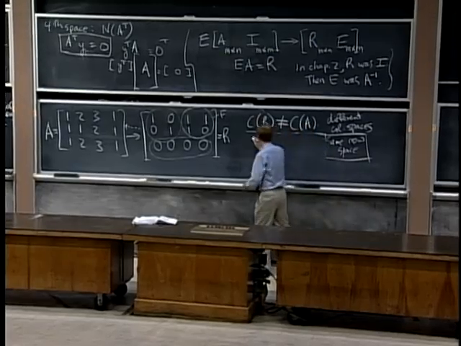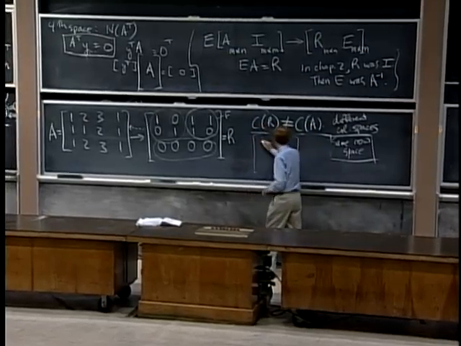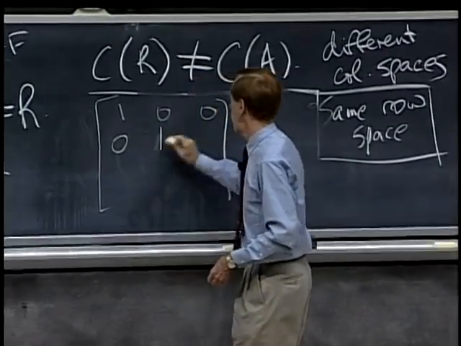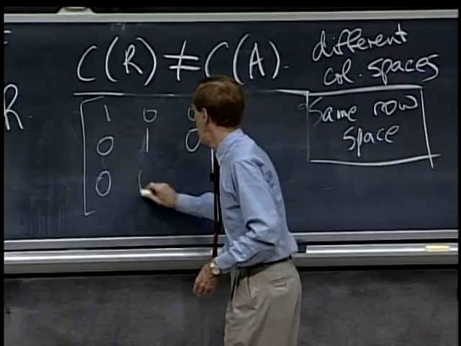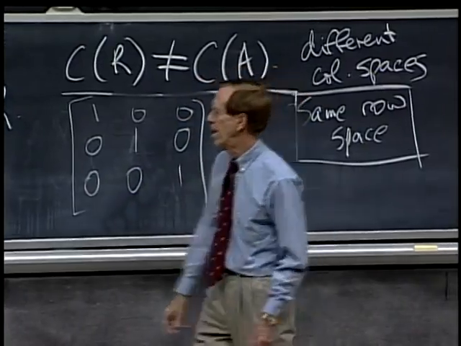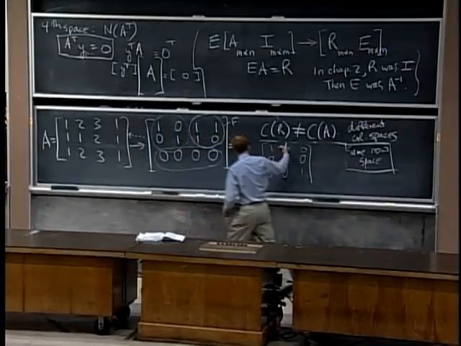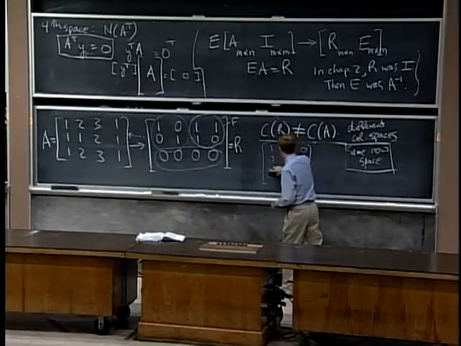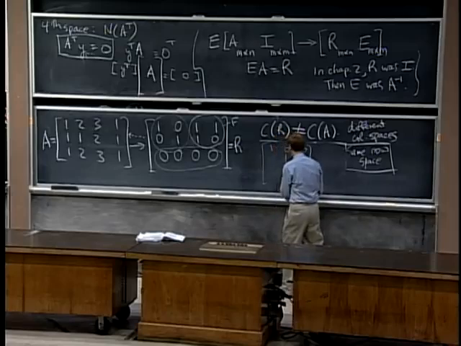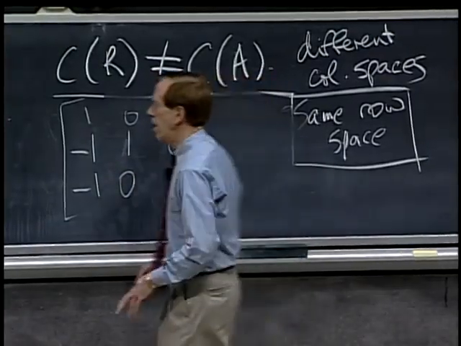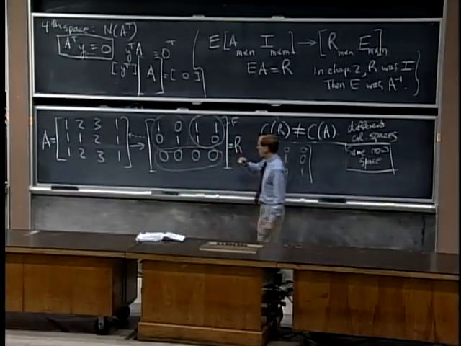Okay, so I'm starting with the identity, which I'll write in light. Okay, what did I do? I subtracted that row from that one and that row from that one. Okay, I'll do that to the identity. So I subtract that first row from row 2 and row 3. Good. Then I think I multiplied, do you remember?